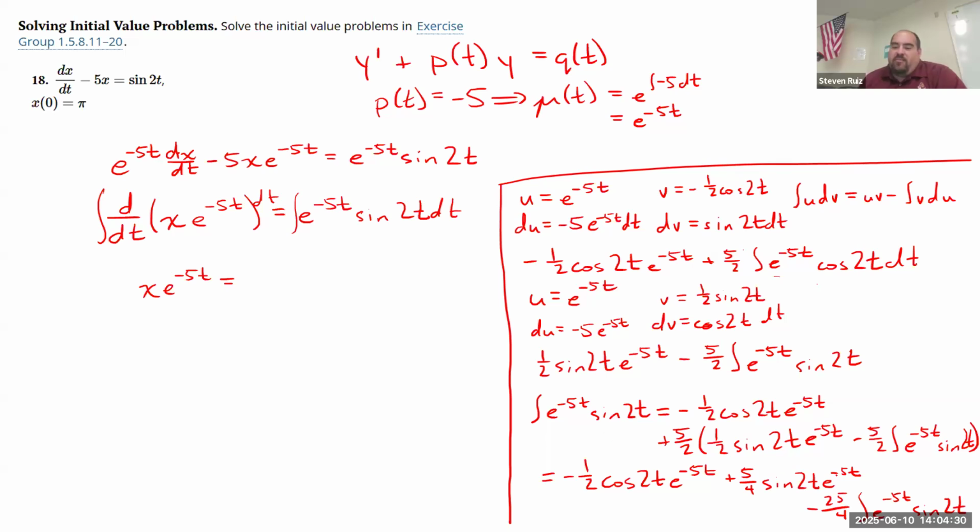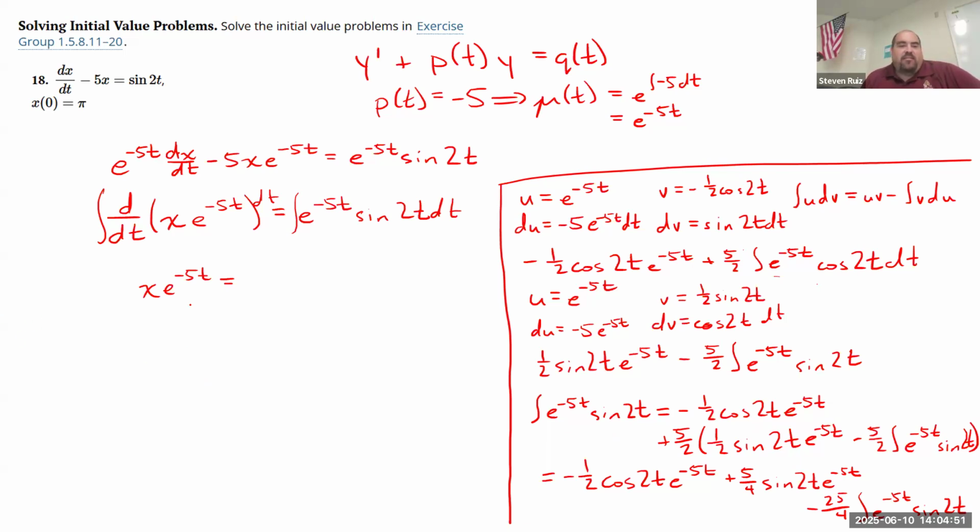So here's what I have now. On both sides of the equal sign, I have a term that involves the integral of e to the negative 5t times the sine of 2t dt, which, just to save space, I'm going to call I.